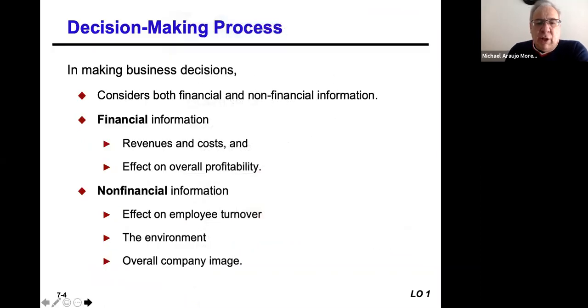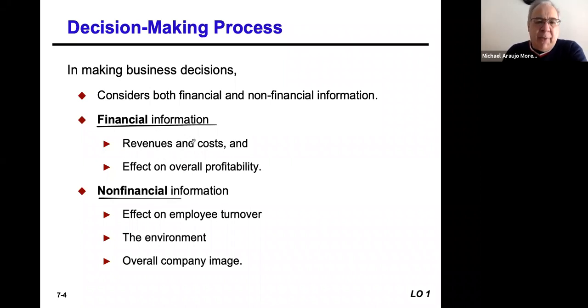Right. So, when making a business decision, it's important that financial information is often emphasized as the most important part of the decision. But I can tell you that the non financial piece is equally important. Okay. So for financially, of course, you do have to look at revenues and costs and profitability.